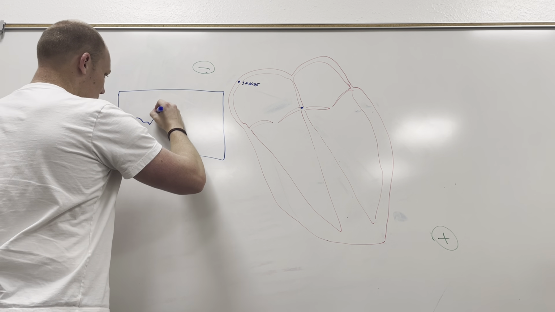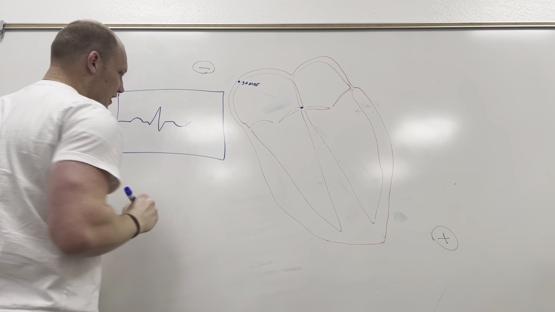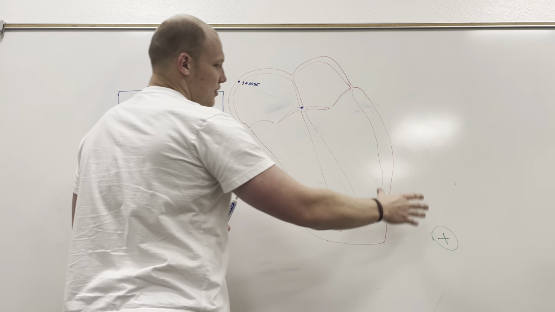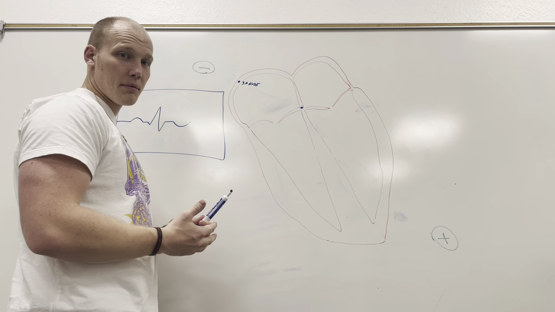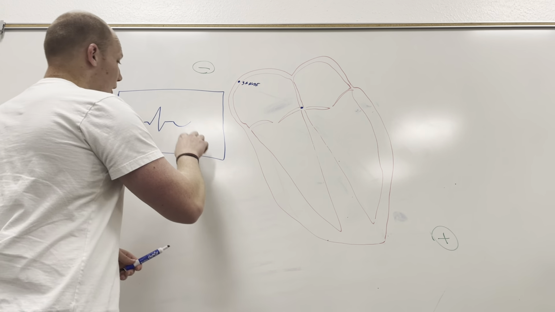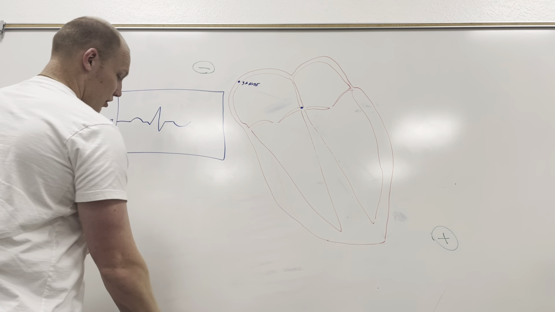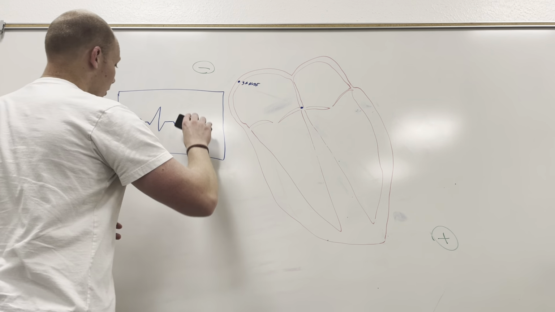We'll get a good QRS complex, but then our T waves are inverted because instead of these repolarizing correctly, they will repolarize the wrong way, or they don't have enough oxygen to repolarize properly, and we'll get an upside down T wave, which could just mean generalized failure in a certain part of the heart.